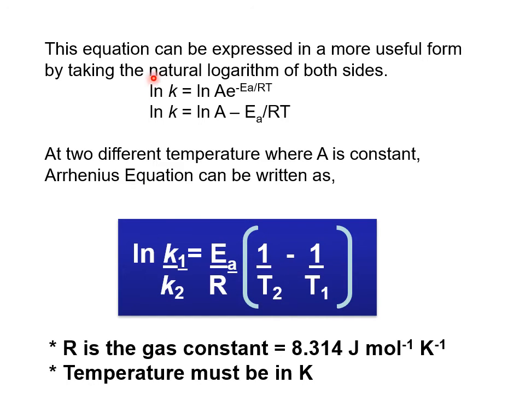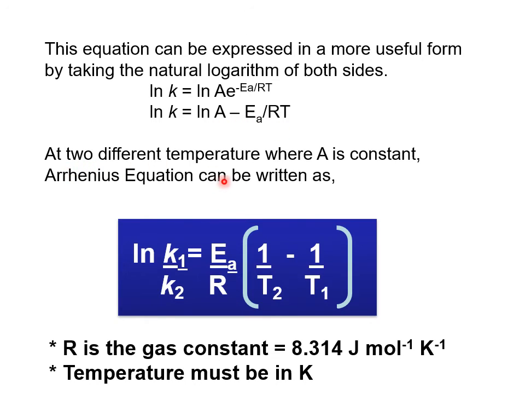This equation can also be expressed in a more useful form by taking the natural logarithm of both sides. So we get ln k = ln A − Ea/RT.